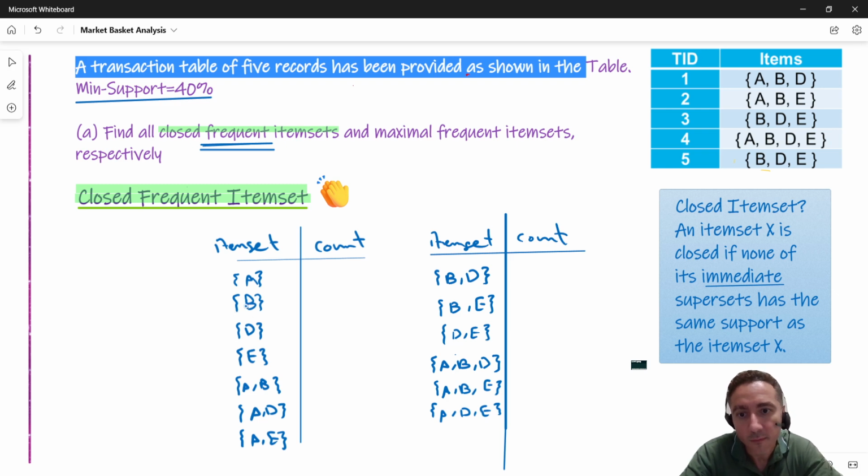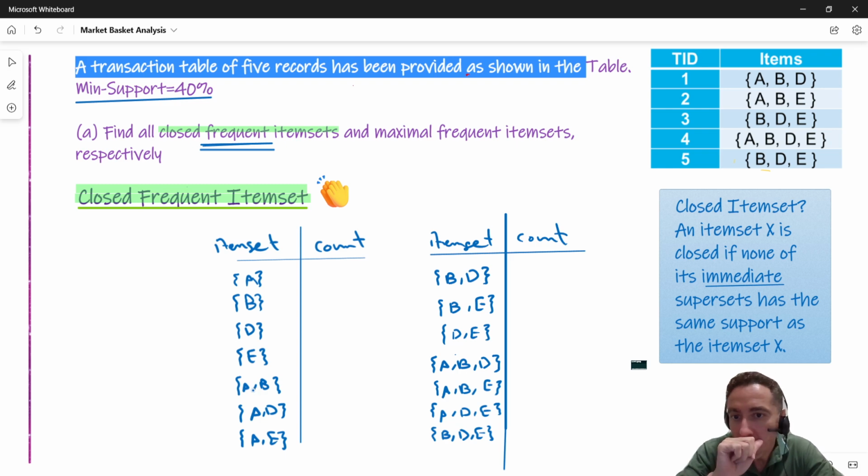Then we cannot merge with this. ABD we already have. ABE we already have. We cannot merge with B. BDE we don't have. E, ABE we already have. ADE we already have.